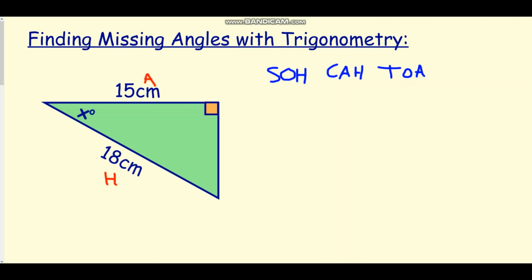We don't know the size of this given angle, but we know that's the angle we're looking for, so we have to name our sides in relation to this angle. If we have the adjacent and the hypotenuse and nothing for the opposite, we're not going to be using opposite. We are using the cosine rule. We're using cos.